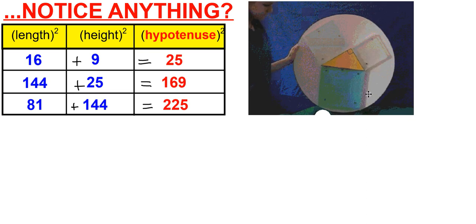So if you have a look here, we've got a big square on the big side, and 2 smaller squares on the smaller sides. And what's happening is the 2 smaller squares drain exactly into the big square, which is to say that the smaller square plus the smaller square will always equal exactly the bigger square.